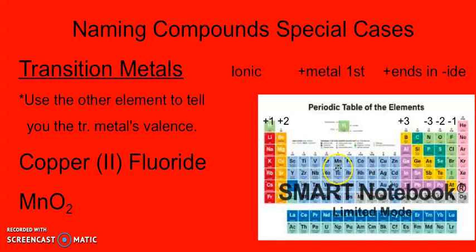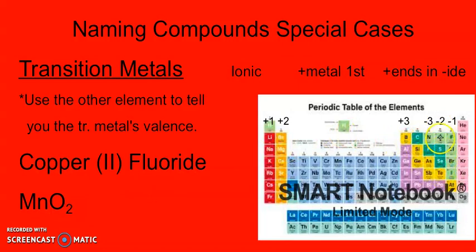Mn is manganese, and manganese is one of those transition metals. So we don't know what the valence is by looking in its column like you typically do with the others. So what does it say to do? You have to use the other element to tell you its valence. So the other element in this case is oxygen. Oxygen is a -2.